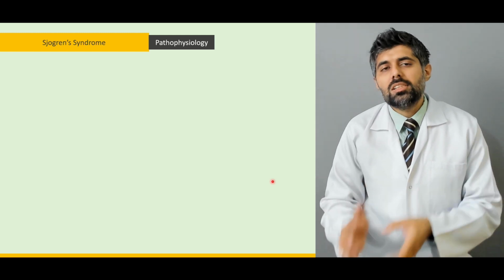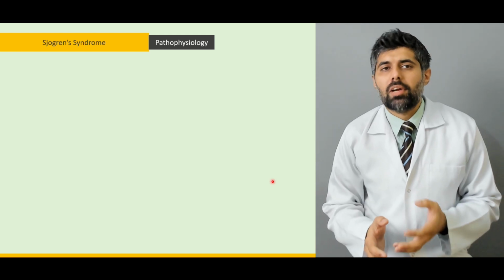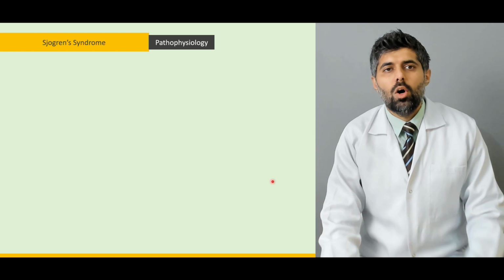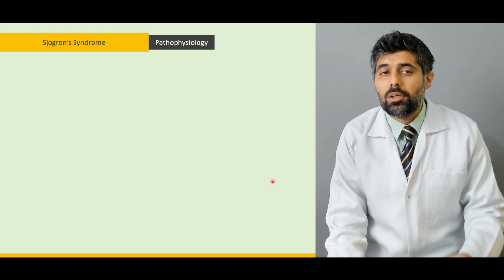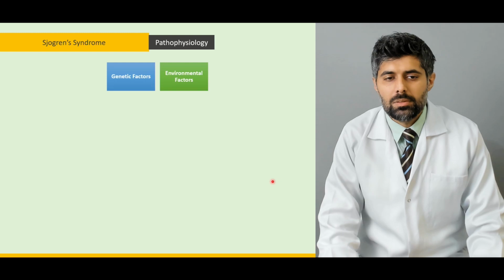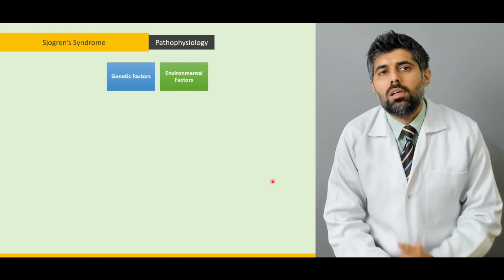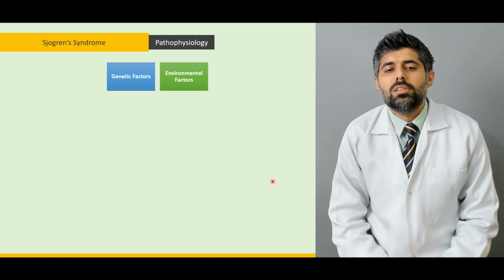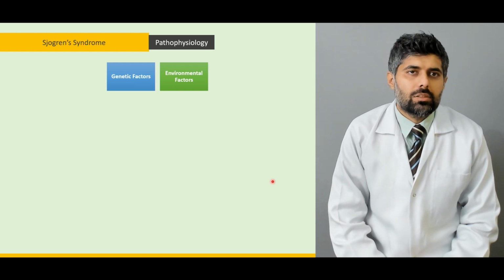But there are certain factors that do have some effect on what is called the trigger or the inciting event. In Sjogren's syndrome, these are the genetic factors and the environmental factors.